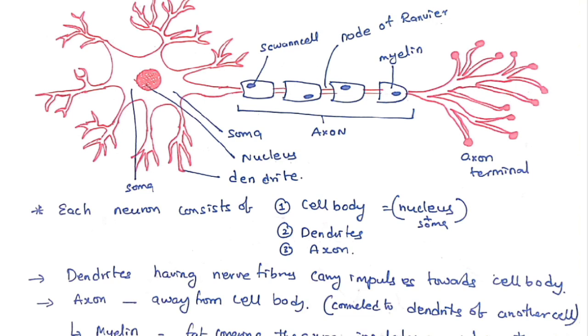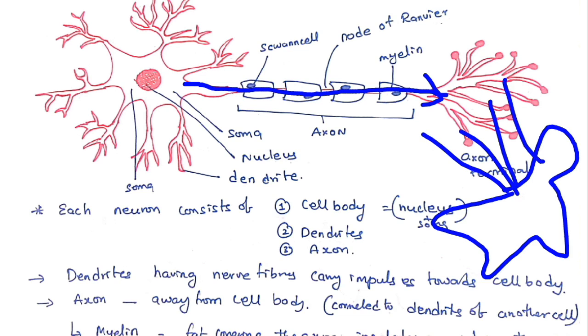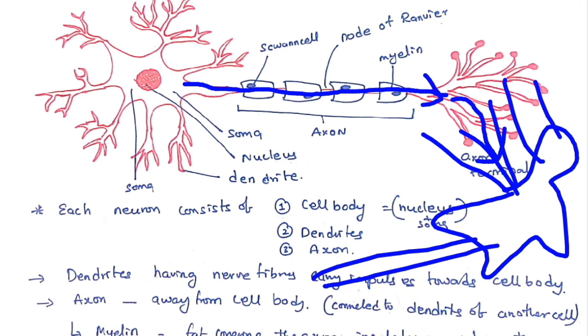And here, this is the axon. From the axon the information flows this way, and from here the other cell body will be there, and other dendrites are attached to this axon terminal. From here the information is taken by these dendrites of another cell, and it goes to its nucleus, friends.